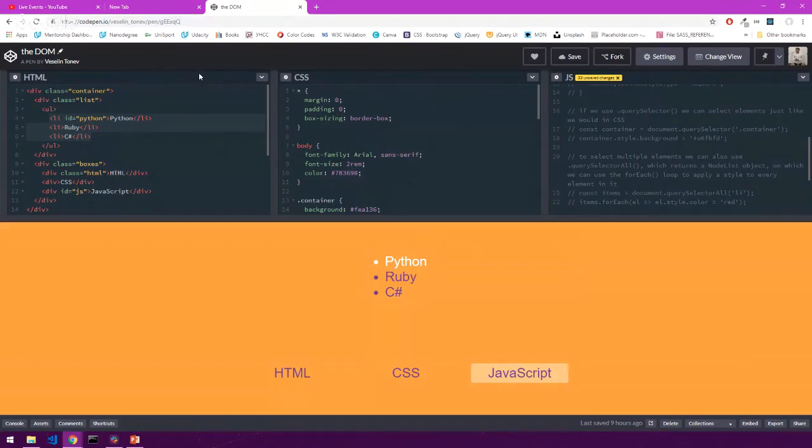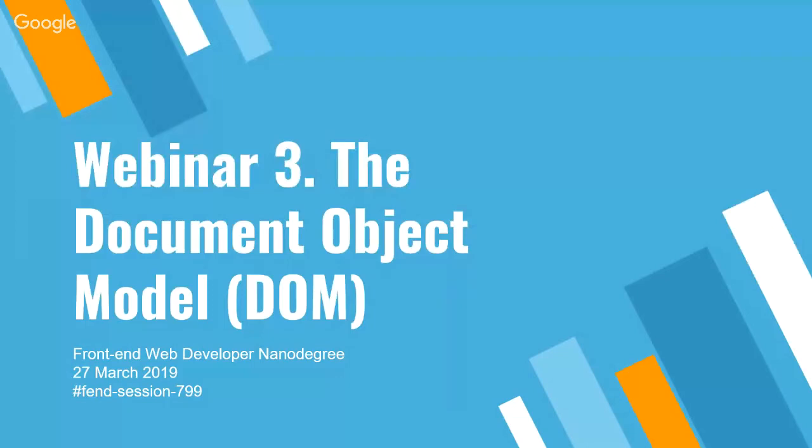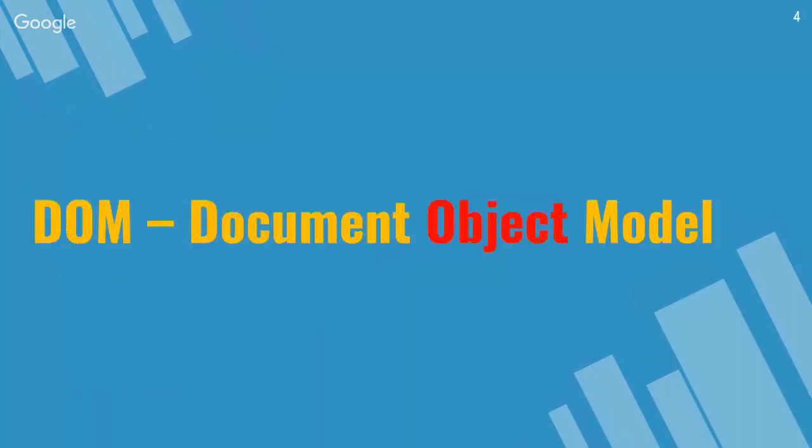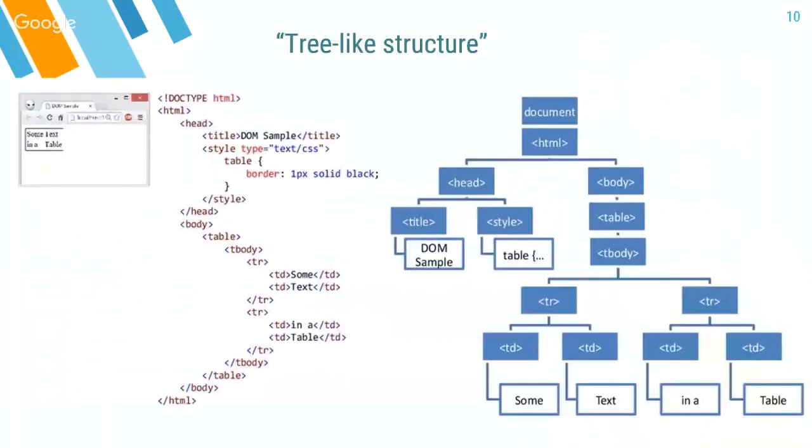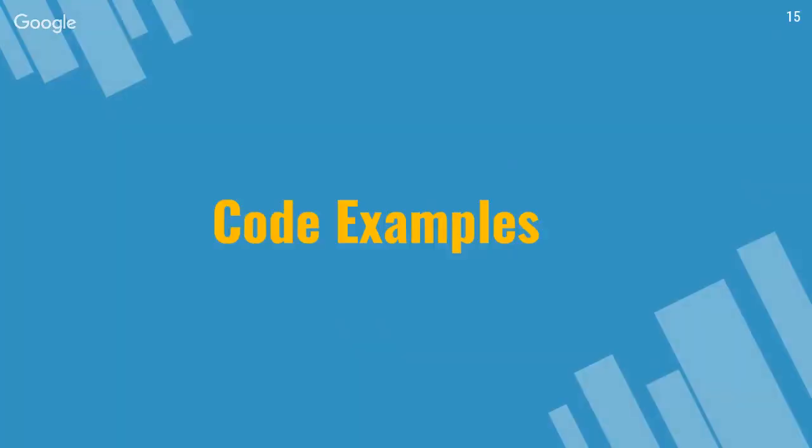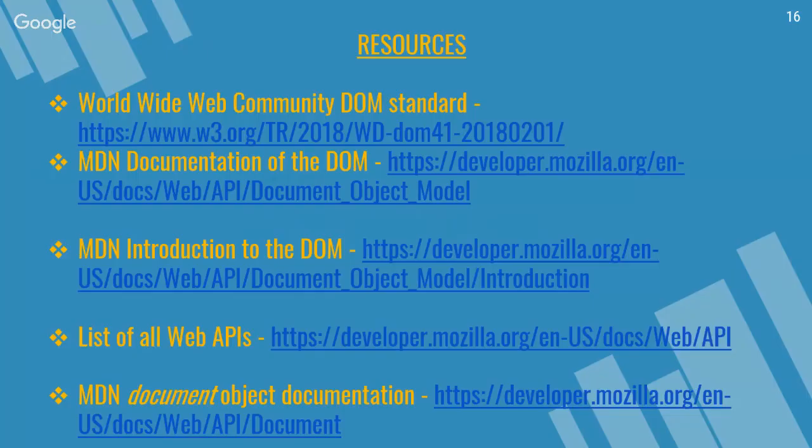Other than that, let's briefly look at some resources that are helpful. This is the presentation. Let's go to the end of the presentation where the resources are. And here they are. So first off, we got the World Wide Web Consortium DOM Standard. It's a pretty important document.